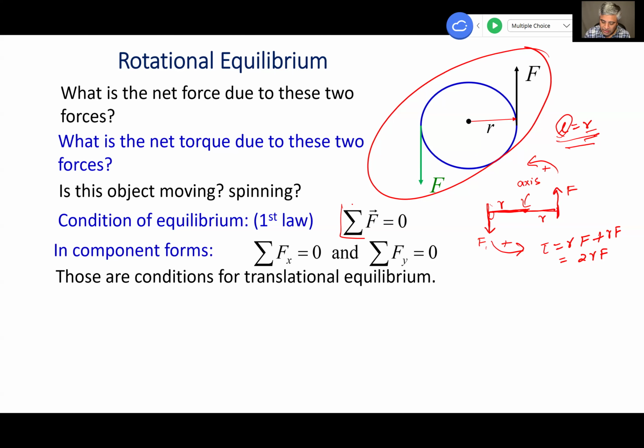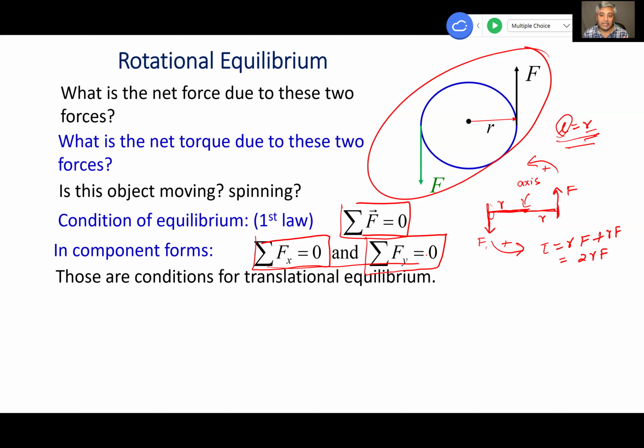So net force 0 is often written as the sum of forces along the x and y direction being 0. When something is in equilibrium, we said in the past, that meant translational equilibrium only. So we use these two conditions.